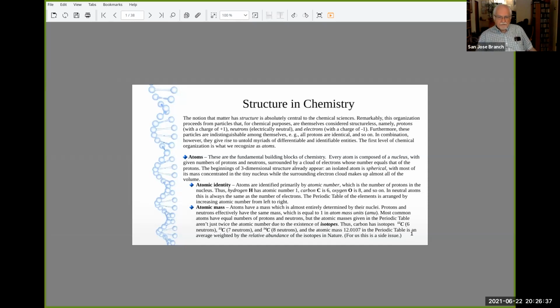Most atoms are going to have equal numbers of protons and neutrons, but the atomic masses in the periodic table are not exactly whole numbers. It's not just twice the atomic number.